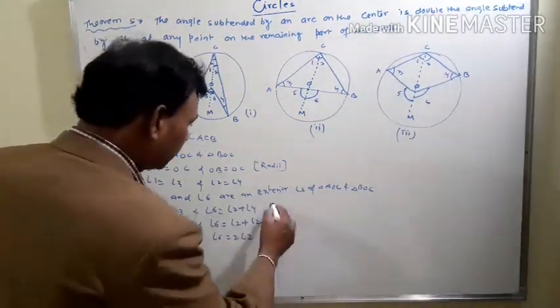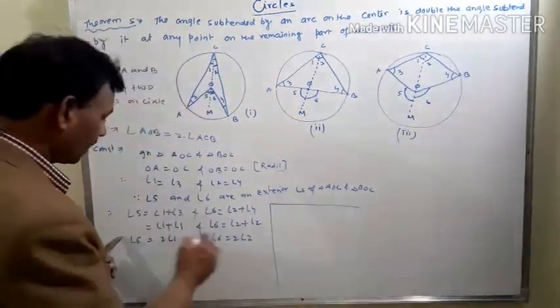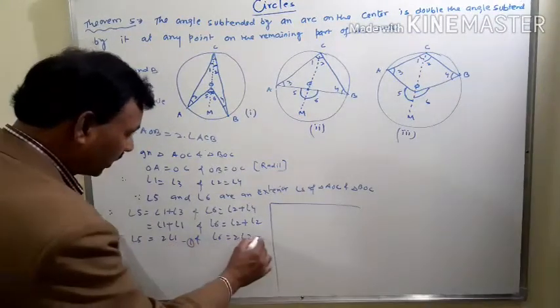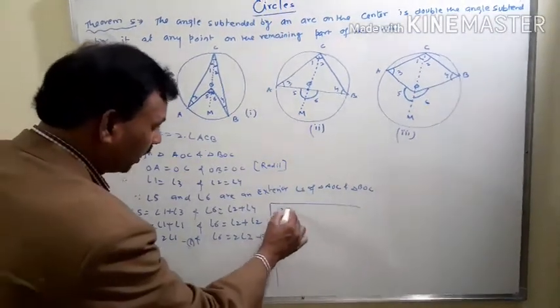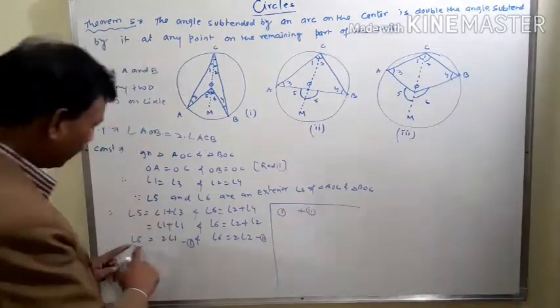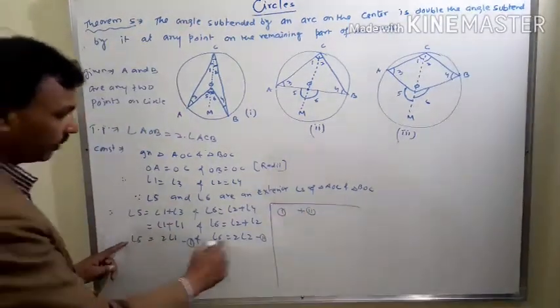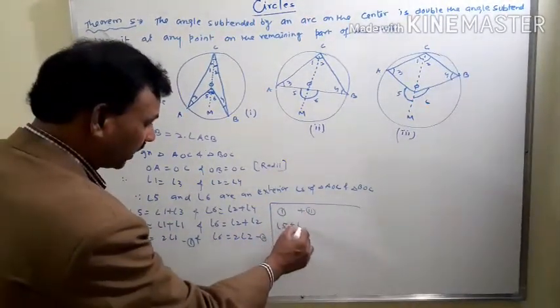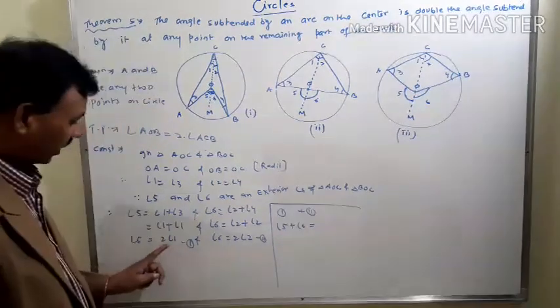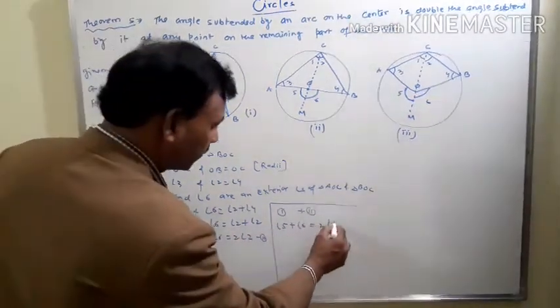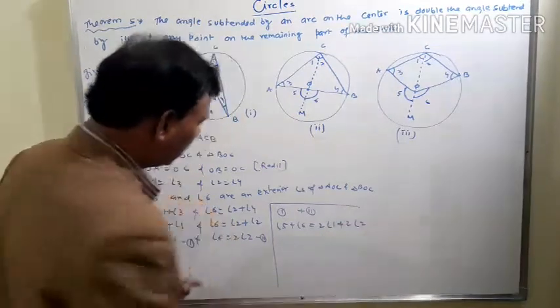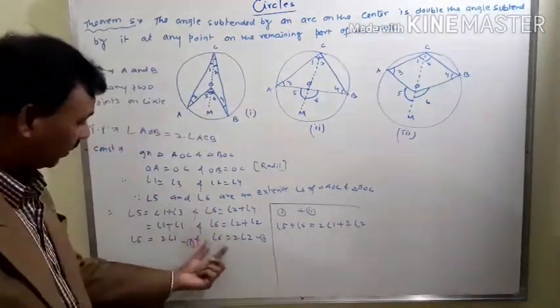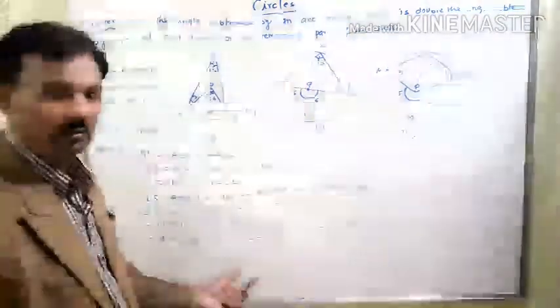Suppose this is equation 1 and this is equation 2. Adding equation 1 and 2, left into the left and right into the right, angle 5 plus angle 6 equals 2 angle 1 plus 2 angle 2.